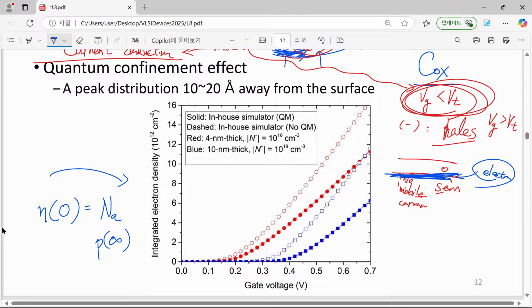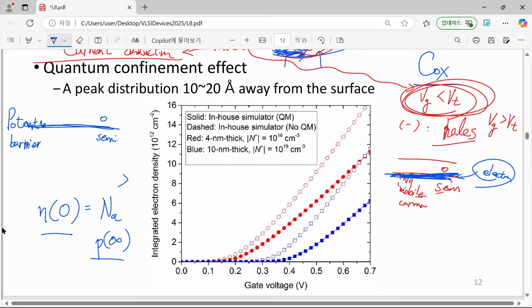However, even in a theoretical sense, this condition cannot actually be satisfied, because if we go a little bit further in device physics, the oxide and semiconductor interface can be regarded as a potential barrier.